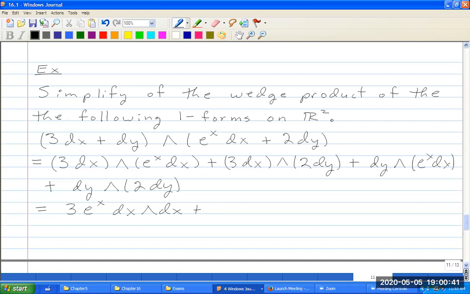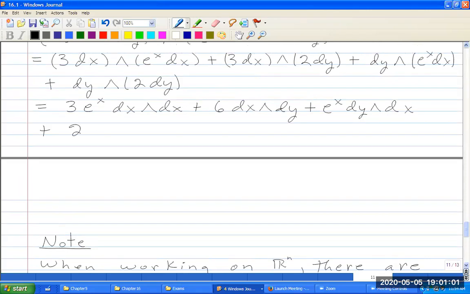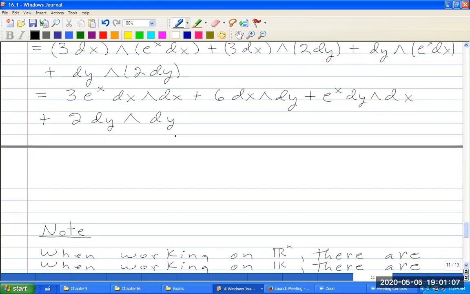So 3 times 2 is 6 dx wedge dy plus bring out the e to the x dy wedge dx plus 2 dy wedge dy.